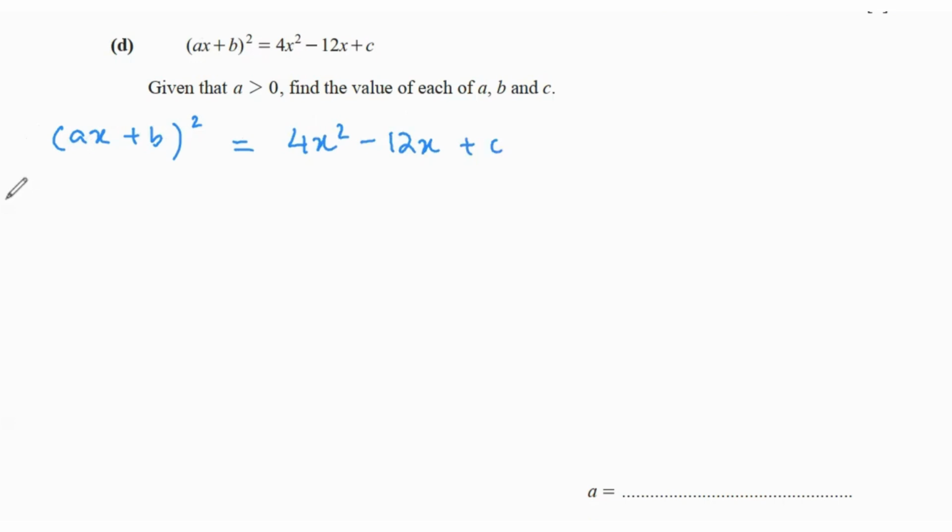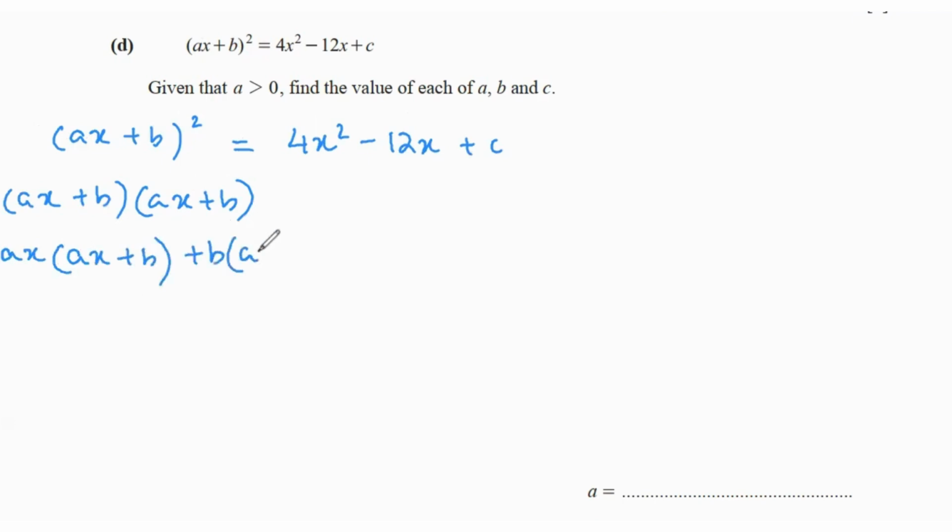So to expand it, we're doing ax plus b times ax plus b. So first we multiply ax with ax plus b, and then b also with ax plus b.